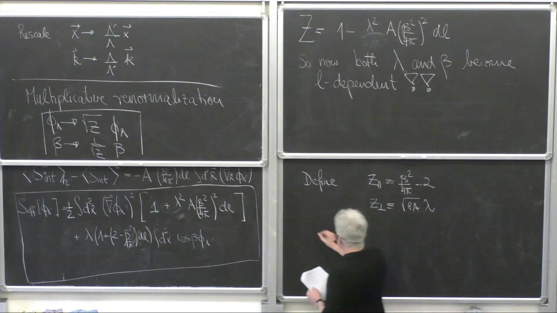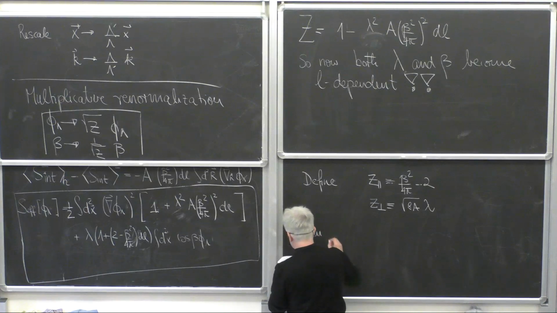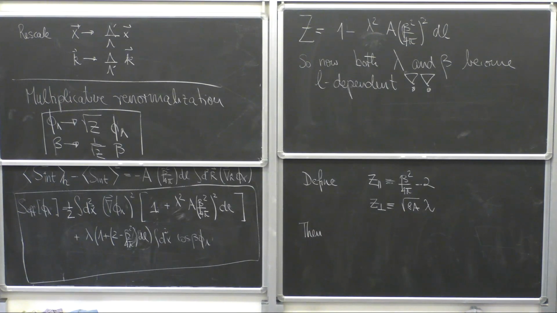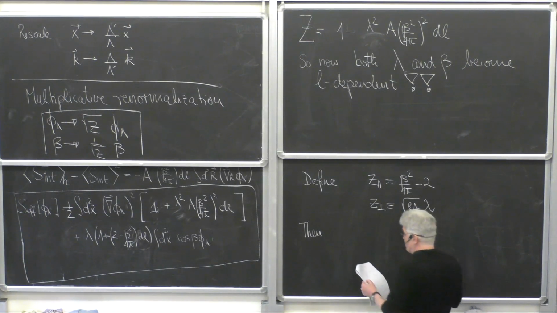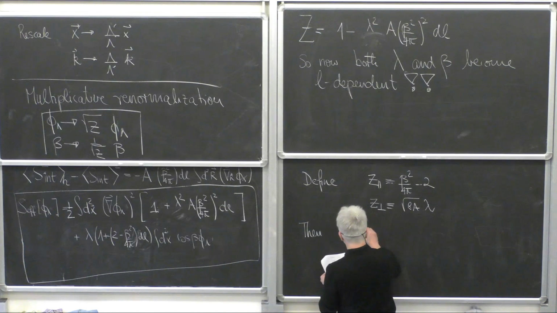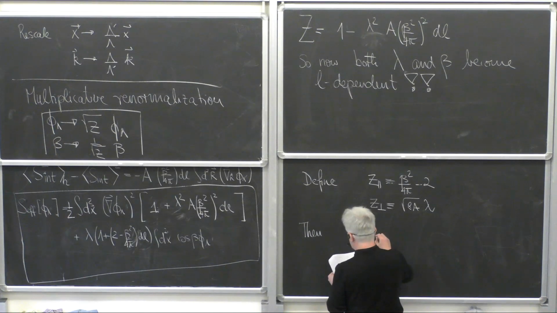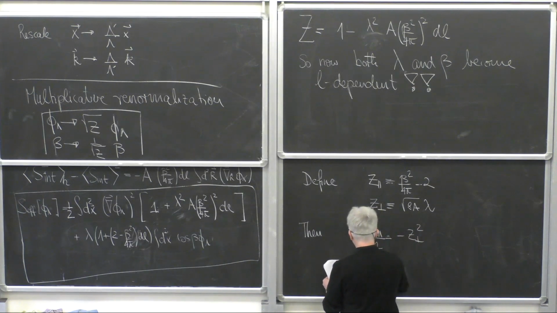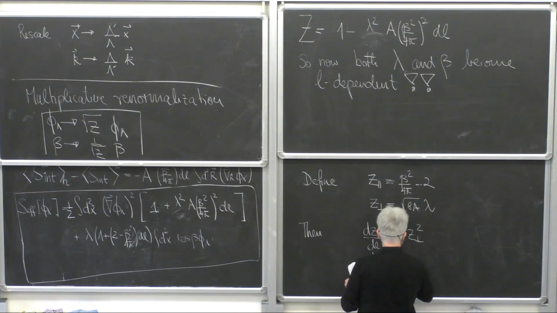So when we do that, the RG equations take very nice forms, and importantly, this number a, which is scheme dependent, which I don't really know, disappears, and we get the equations dz parallel dl equals minus z perp squared, and dz perp dl is minus z perp z parallel.